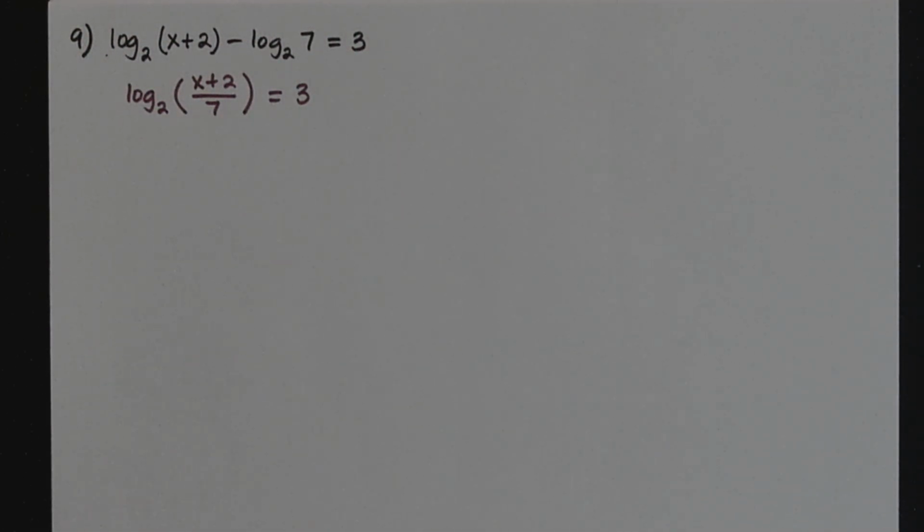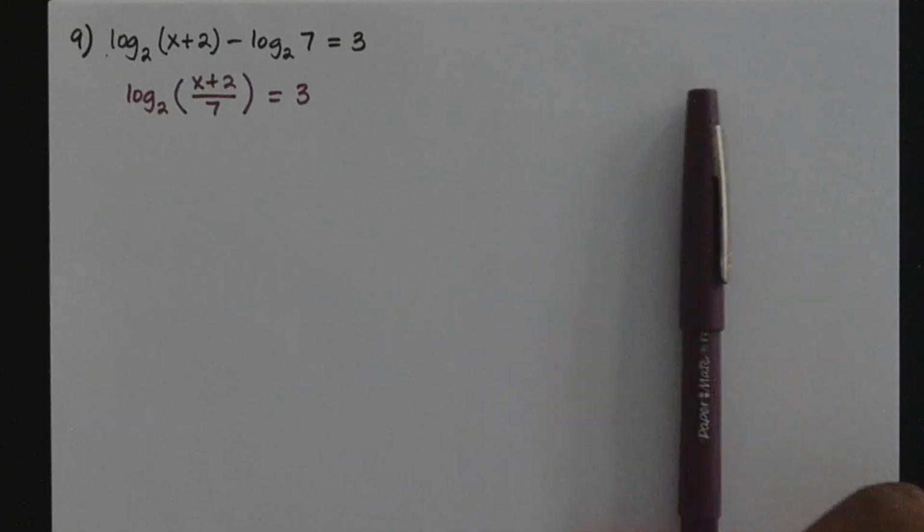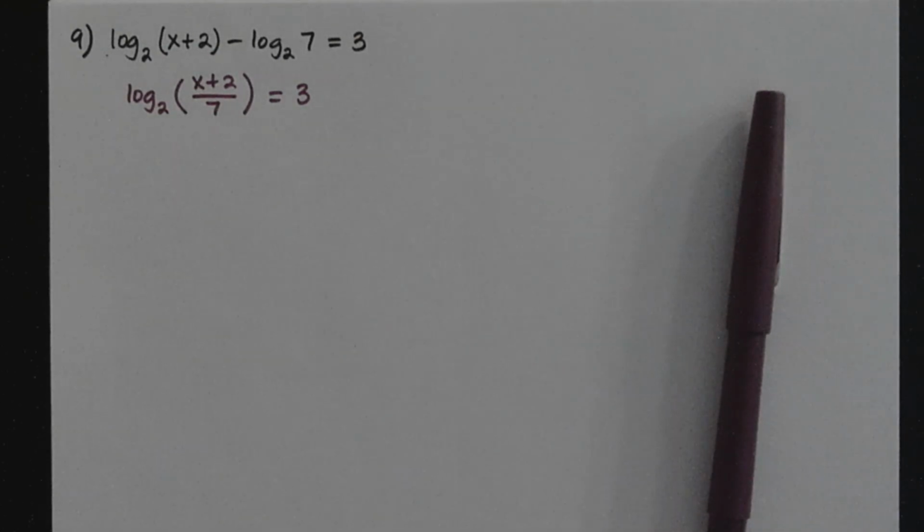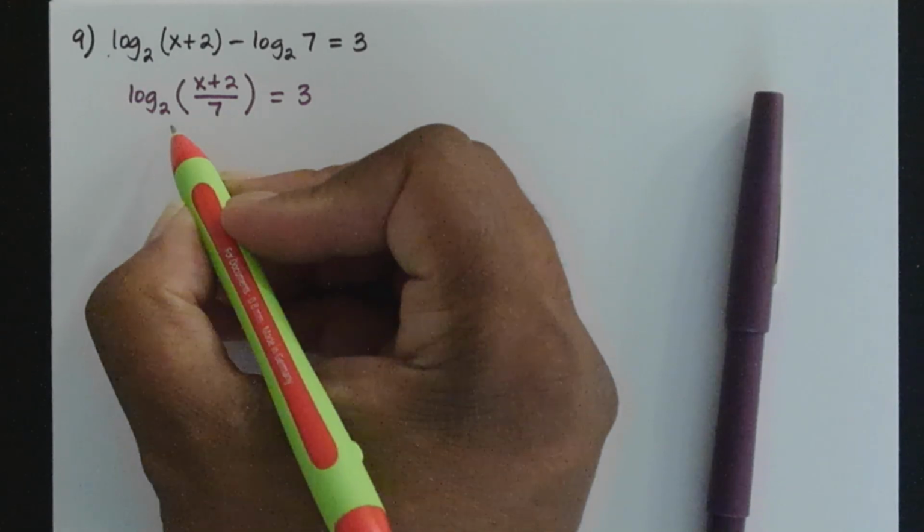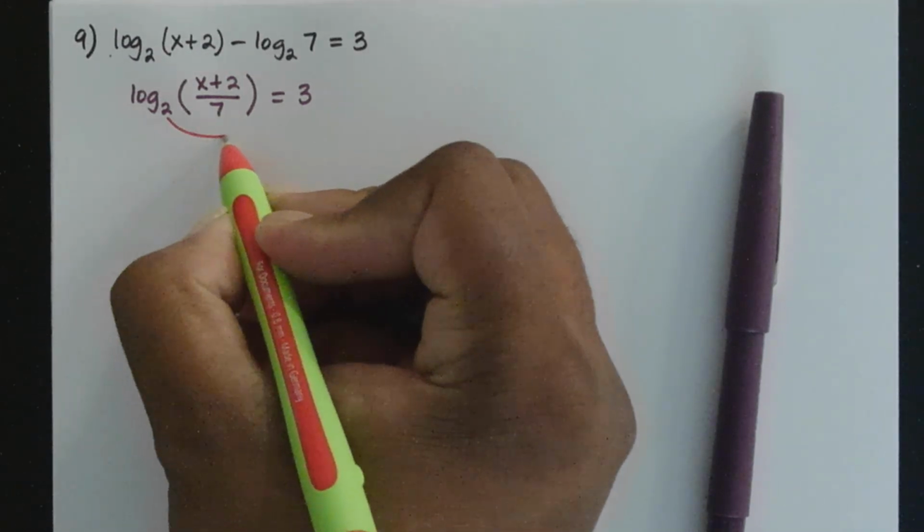Okay. Now the next step would be to write this in its equivalent exponential form, since I have the log on one side of this equation. So the way we do that is this. The subscript for your log is the 2, that's your base.